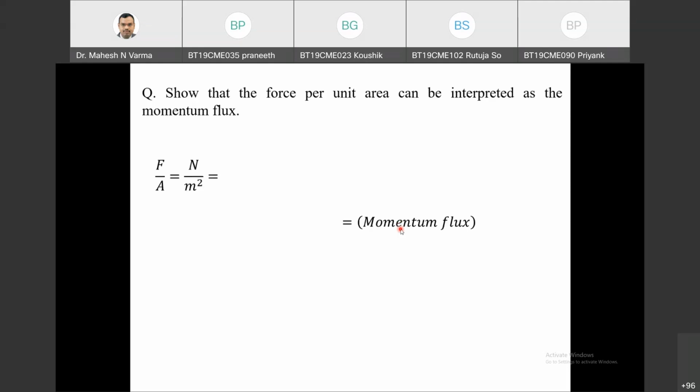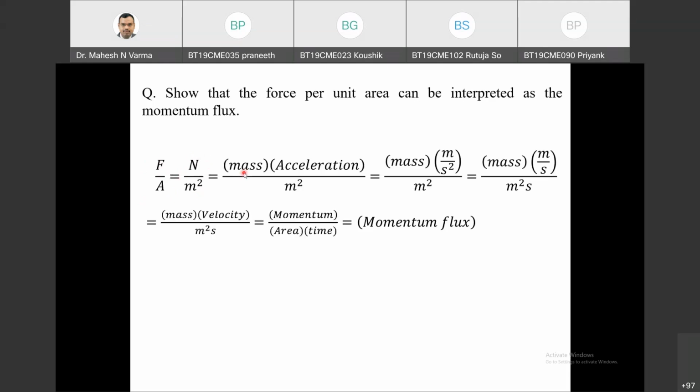So very easy. This is force. Shear stress is force per unit area, which is nothing but Newton per meter square, and force is nothing but mass into acceleration. So this is nothing but force per unit area. This is mass, kg, times meter per second square, which is acceleration, divided by meter square.